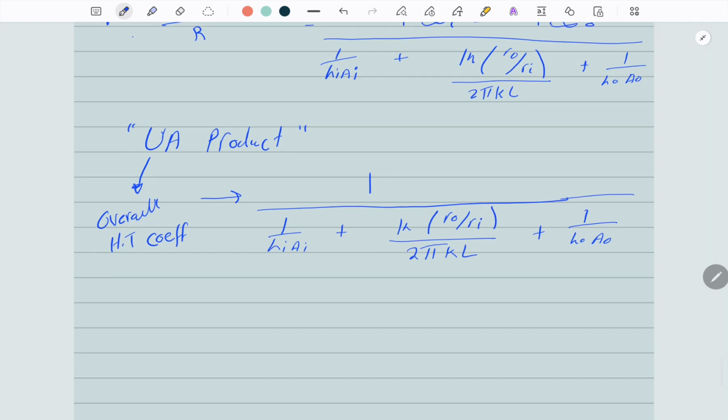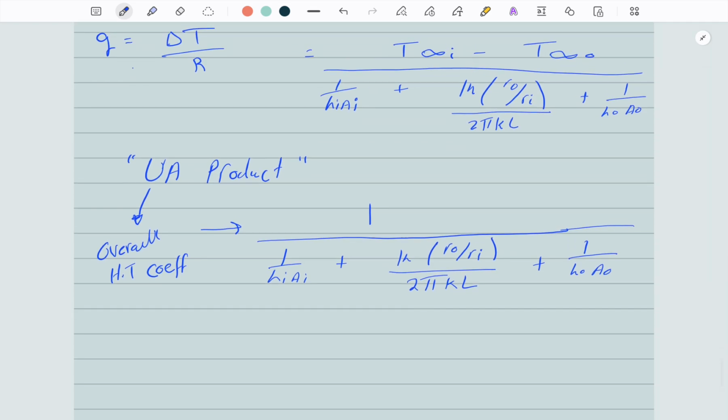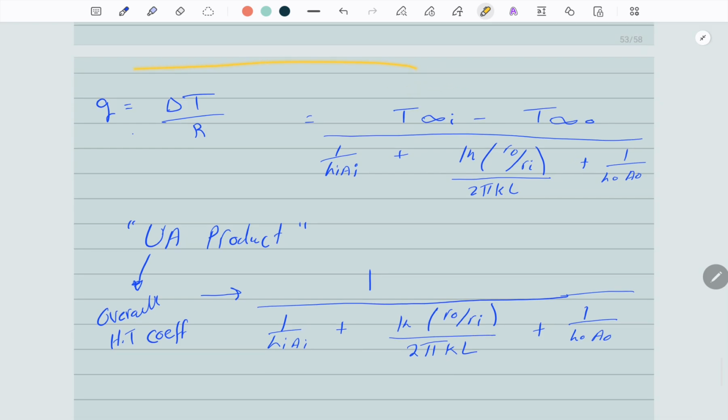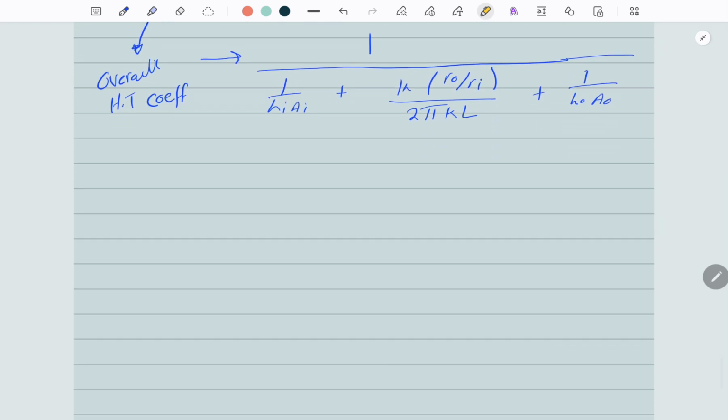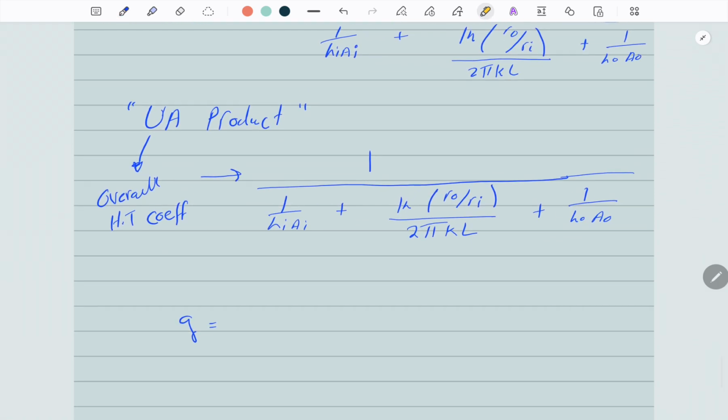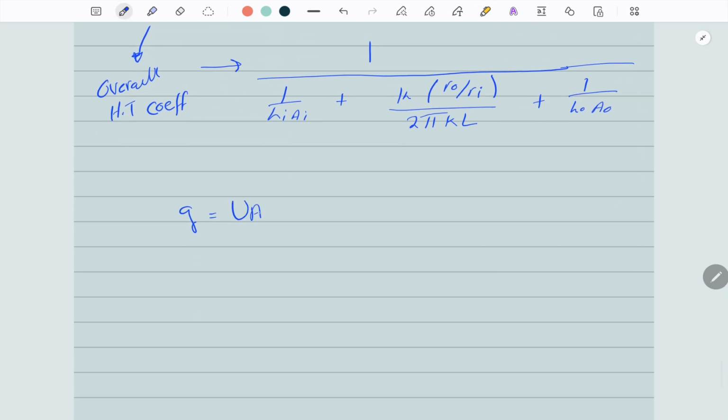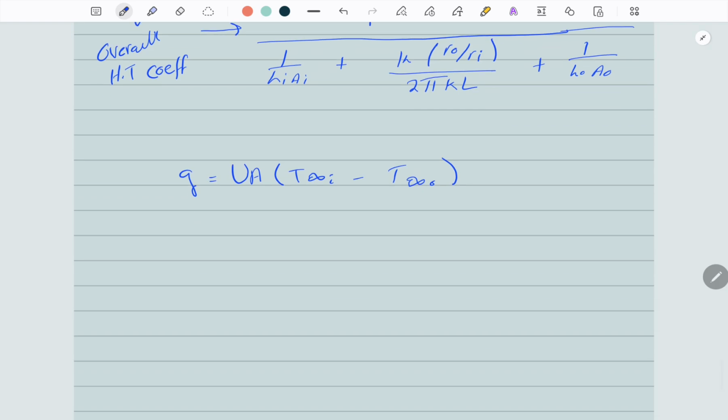Okay, now therefore this equation can be written as Q equals, instead of this large term, we'll say UA times the inner surrounding temperature minus the outer surrounding temperature, which looks similar to Newton's law of cooling, which equals hA times Ts minus T surrounding.